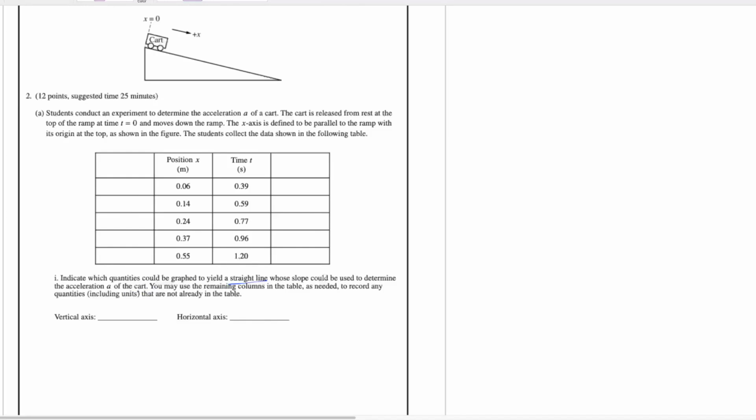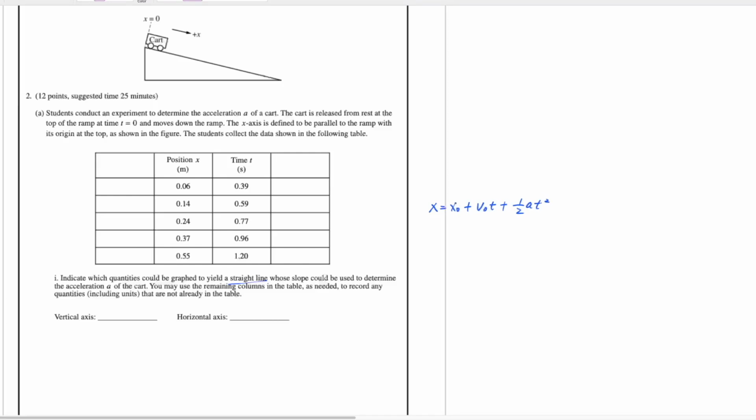So we want to find the acceleration from a straight line, and we have data of position versus time. First we should write the kinematic equation that relates position with time, right? That equation shows x is x naught plus v naught t plus 1/2 a t squared.